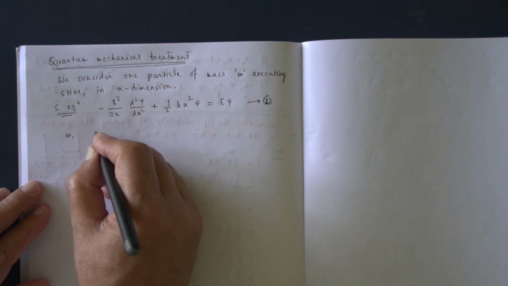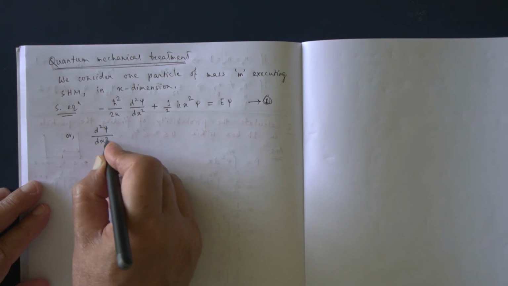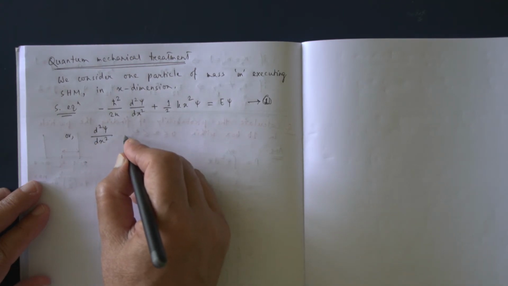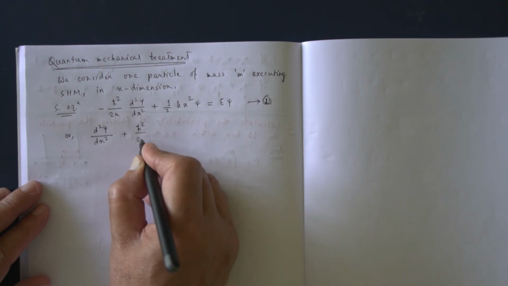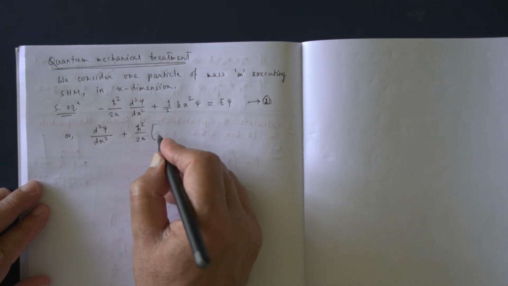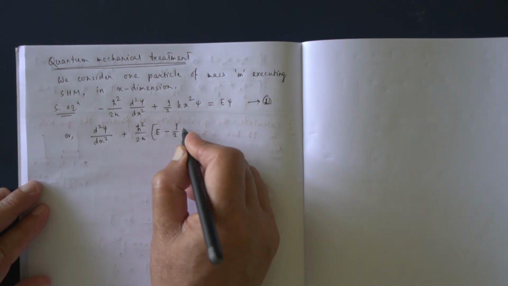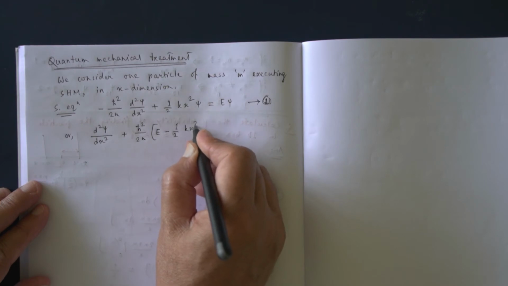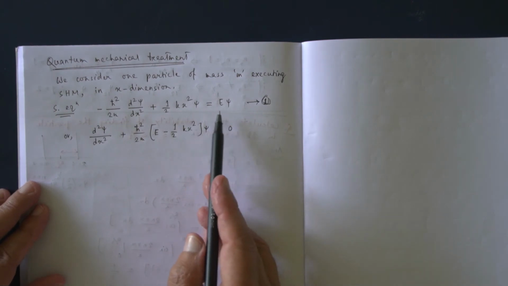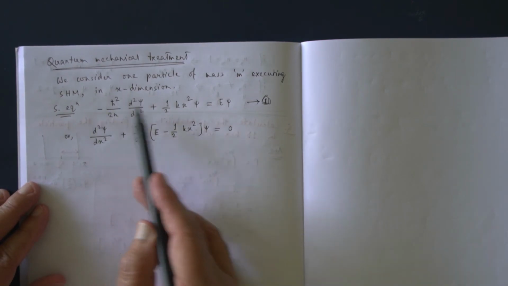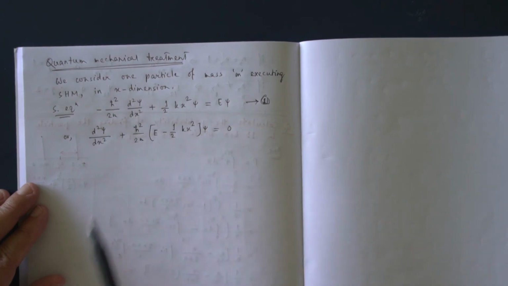We get d2 psi by dx squared plus h bar squared by 2m times (E minus half kx squared) psi equals 0.